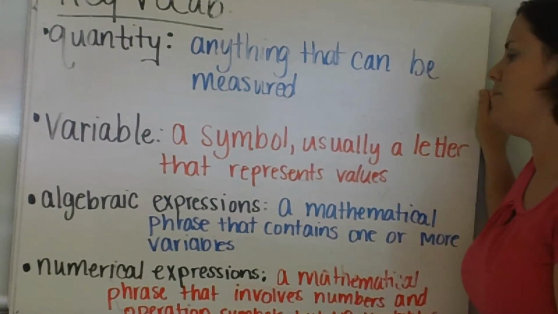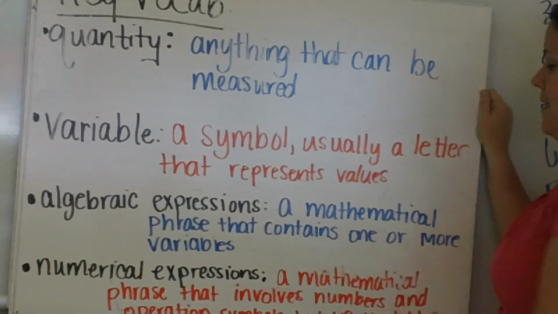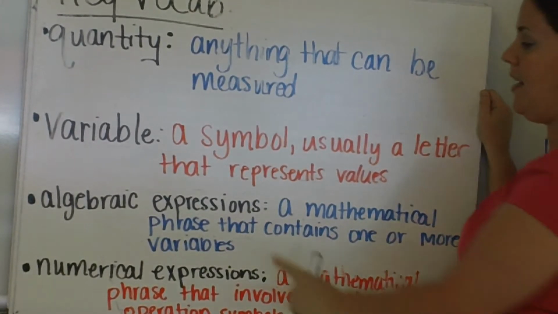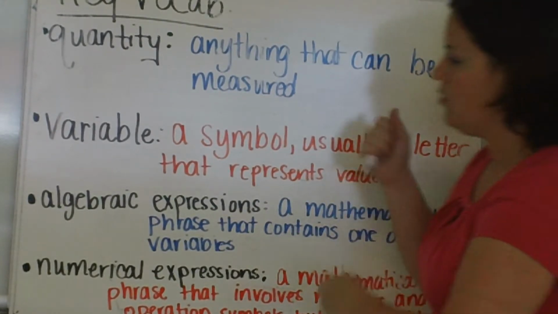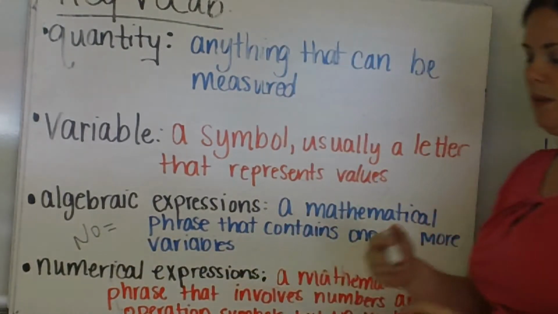with it. An algebraic expression is a mathematical phrase that contains one or more variables. So I can use X's or I can use Y's. And an expression has no equal sign, so you might want to be mindful of that. No equal sign.